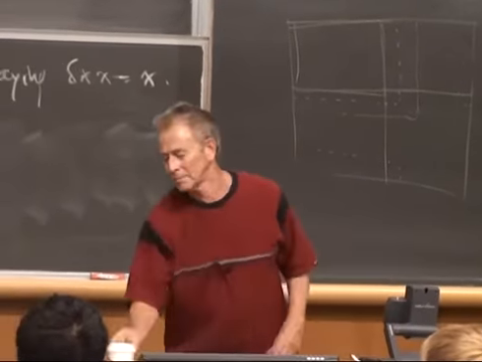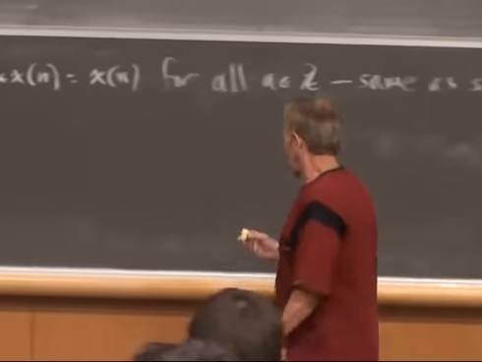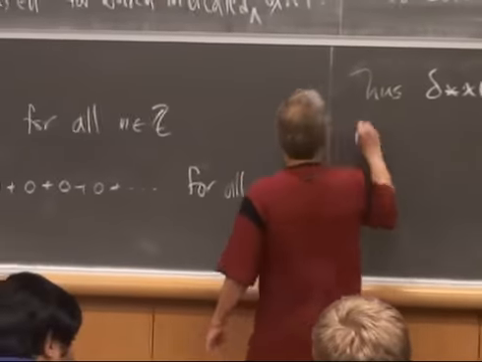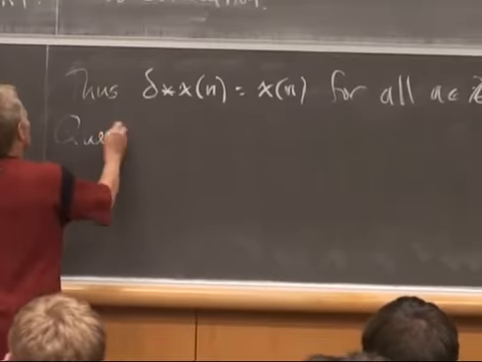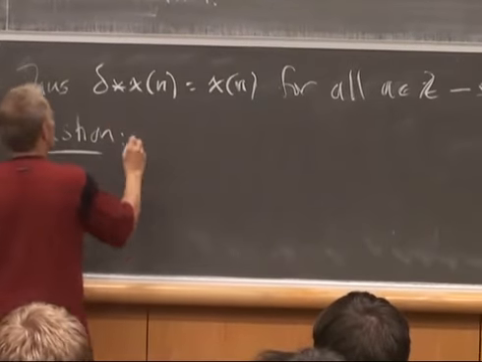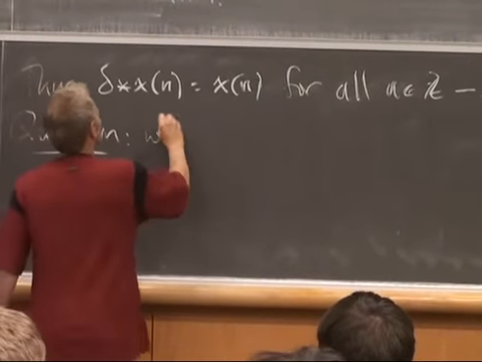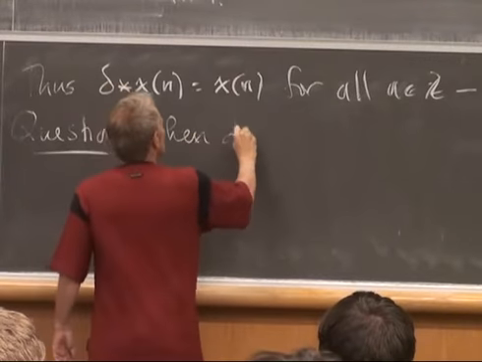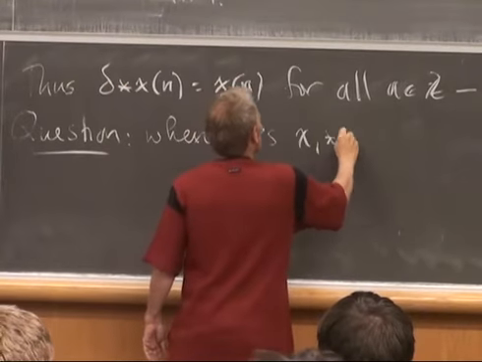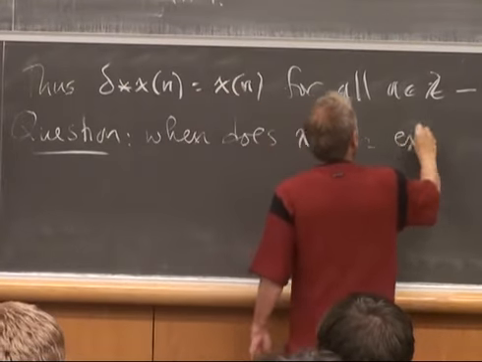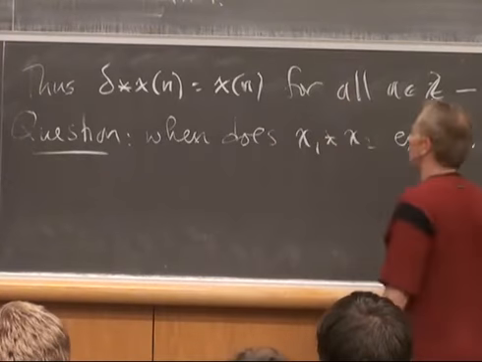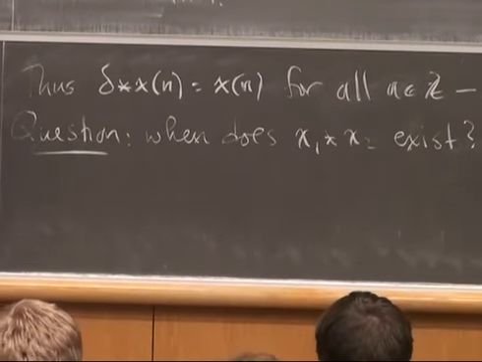All right. So here's a question. When does x1 convolved with x2 exist? And the answer is, the first part of the answer is not always.